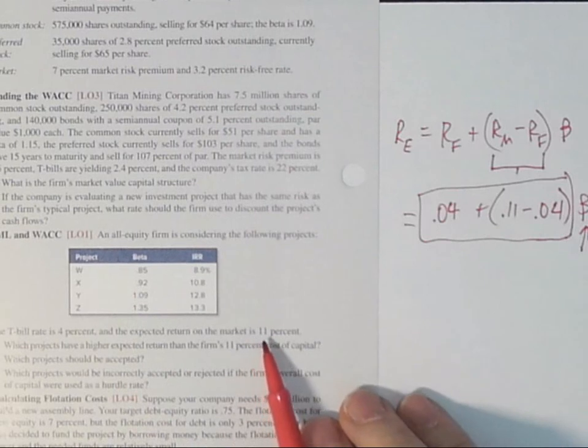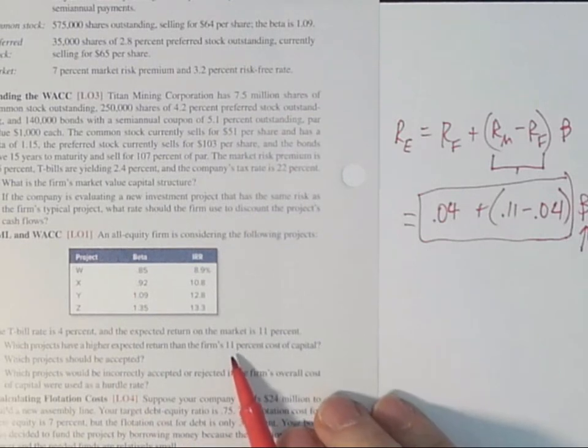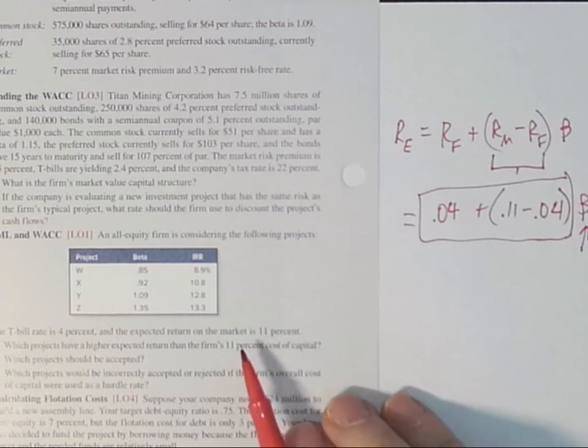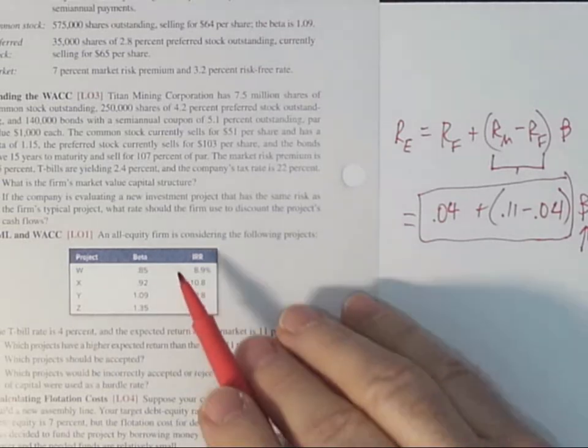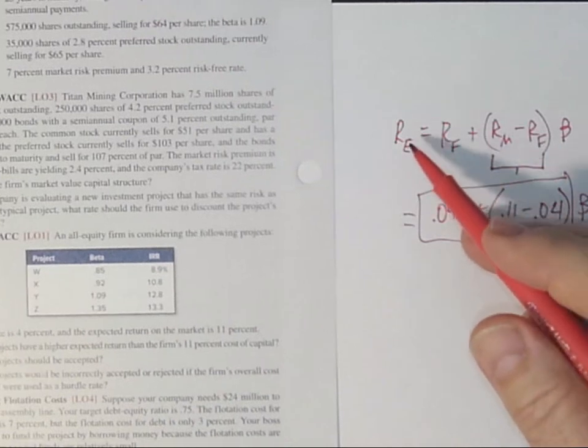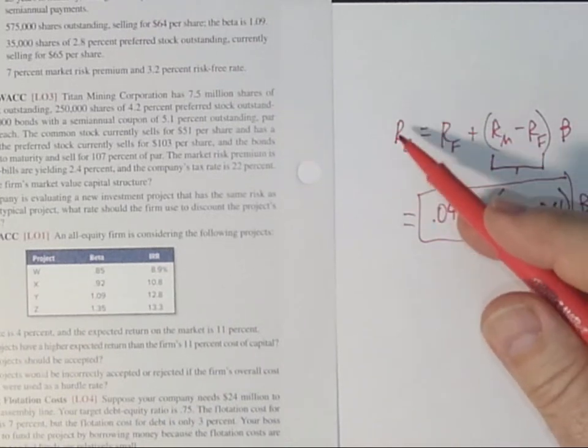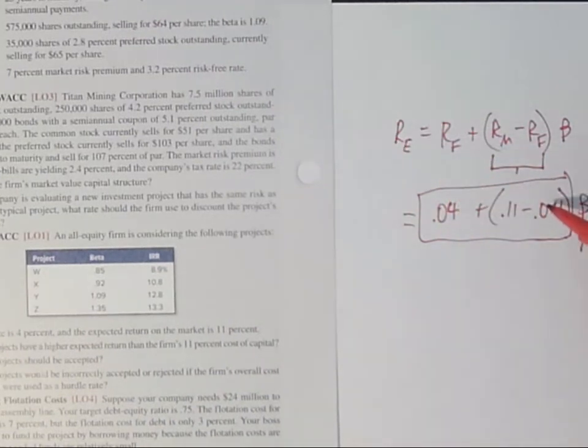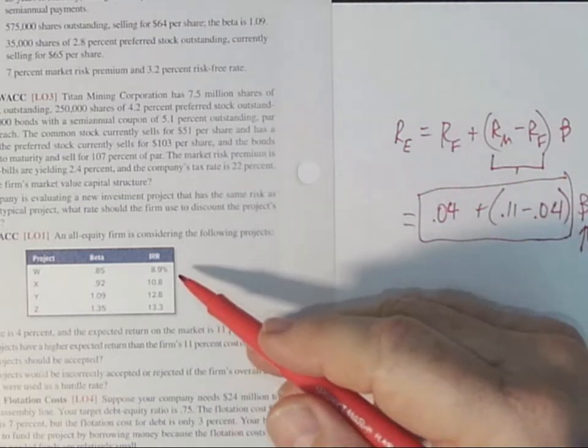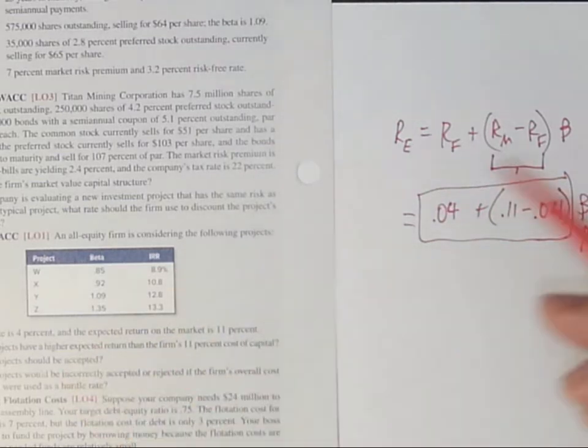So both the market return and the company's cost of capital are 11%, and you need to compare each one of these individual rates of return based on requirements from the security market line to the IRR, and then follow through for the rest of this.